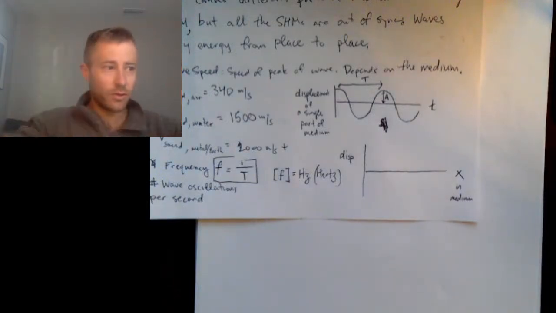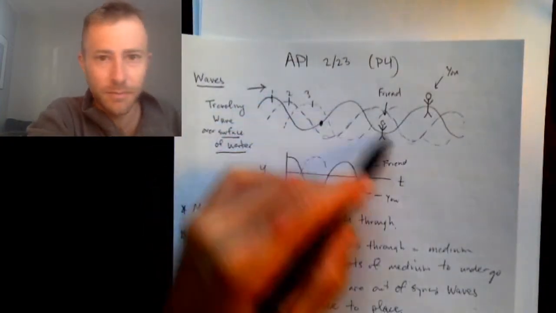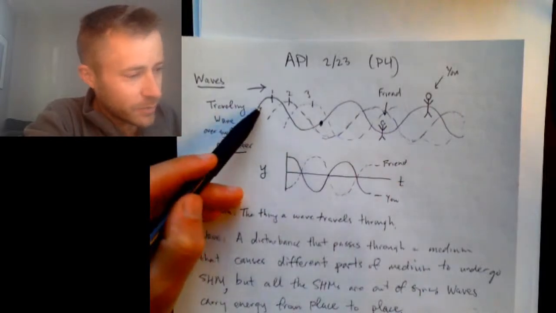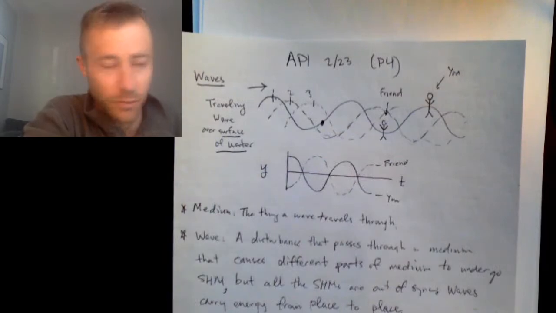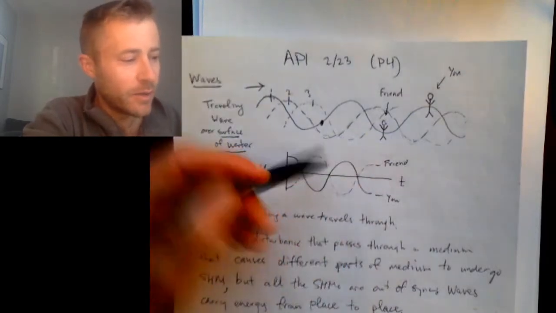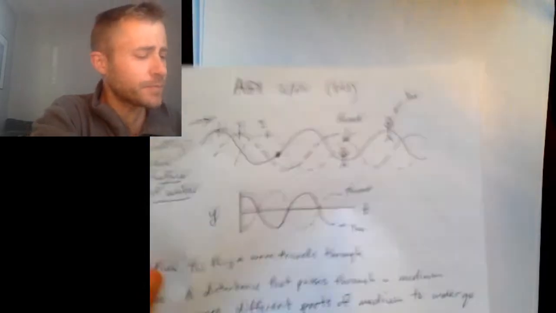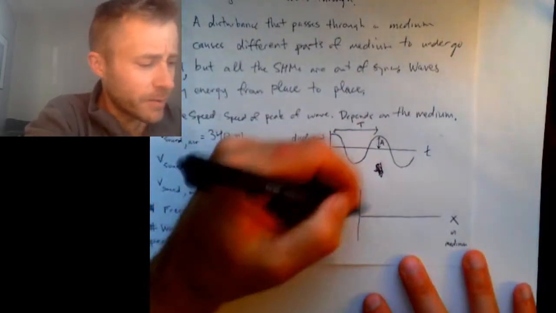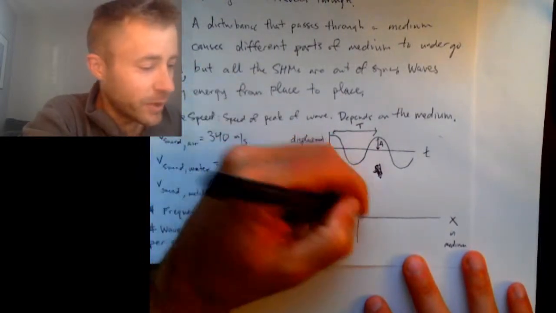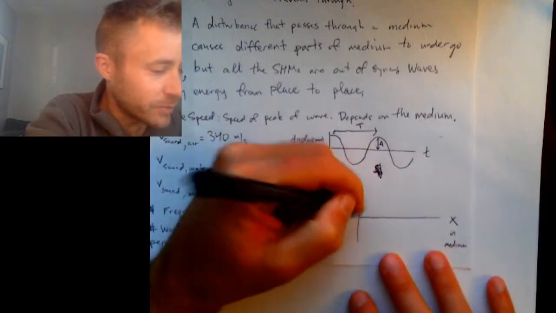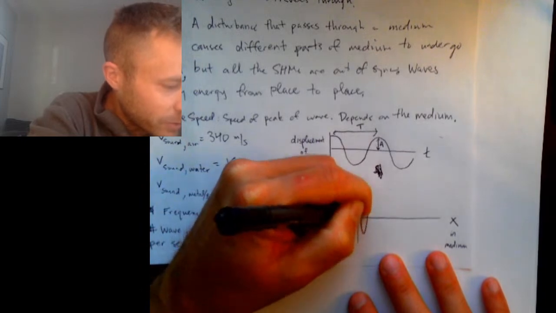The different spots represent different locations within the medium, and then we have the displacement of that particular point. It is also going to look like a simple harmonic motion graph, but it has a completely different interpretation. So this graph might look like so.